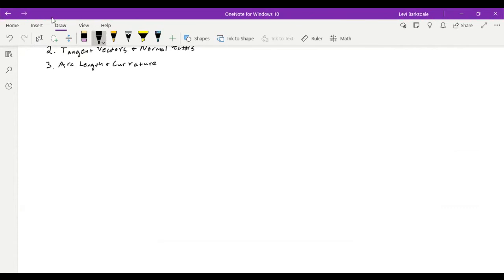Position, velocity, and acceleration. This is just going to be brief, since we did touch upon this last week. If we let r of t be a position vector, then we can say that velocity is the first derivative of that position, and acceleration is the second derivative of that position vector.